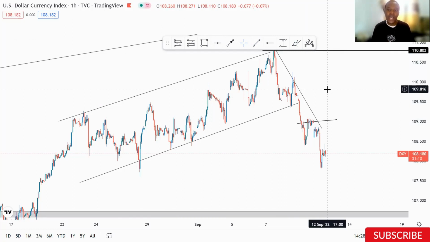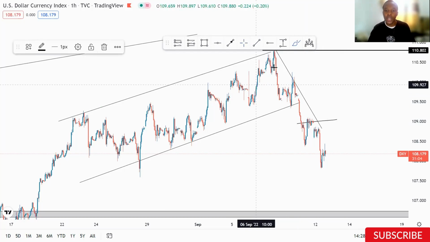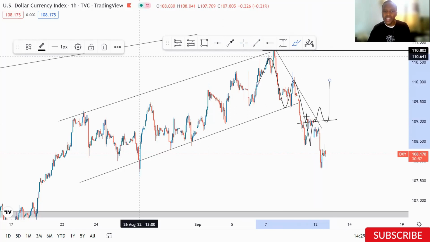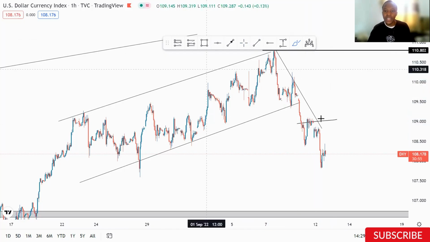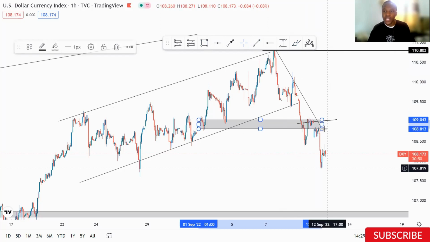Is it giving you higher highs, higher lows, lower lows, and lower highs? For example, I remember saying lower low, lower high, lower low, lower high, lower low. And then I said that from this point on, if the market fails to do this and go to the upside, then it simply means that it was giving us another lower high before actually going to the downside. And that's exactly what happened here.